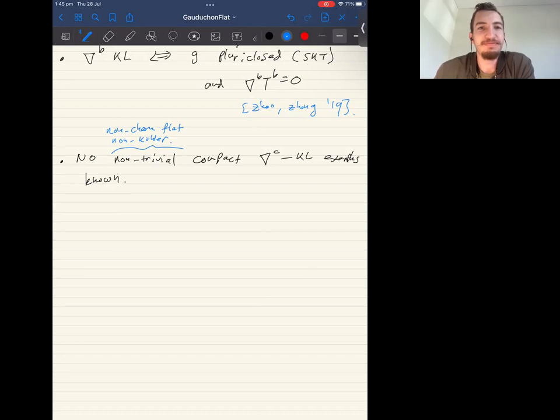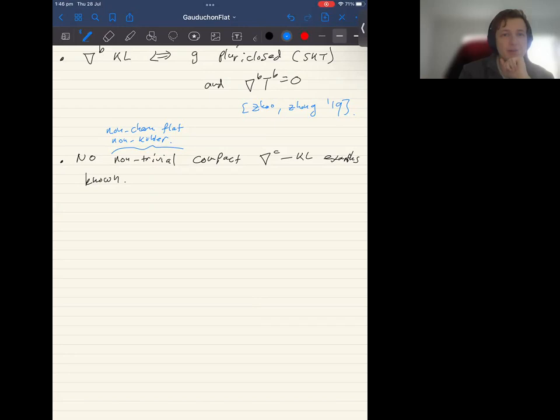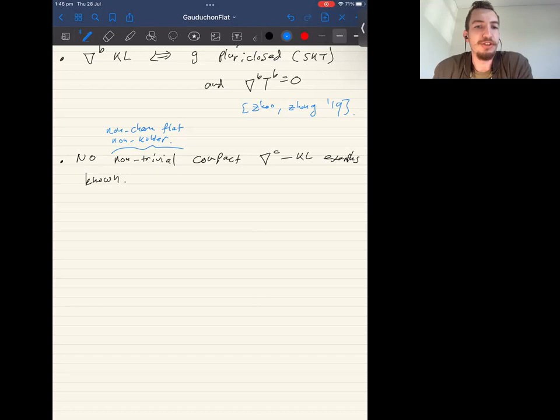Oh, the Hopf surface. The Iwasawa threefold is your favorite example, and that's the only known example of a compact one. But those are Chern flat. Yes, that's what you mean by non-trivial, that it's not Chern flat.